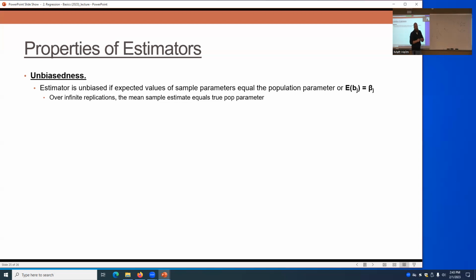If I'm unbiased, it means that the sampling distribution of my regression coefficient has a mean equal to the population parameter.